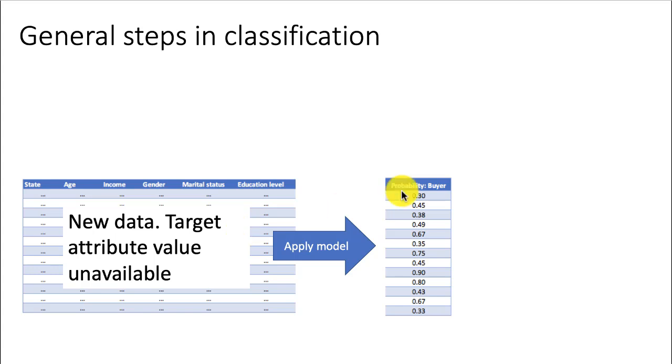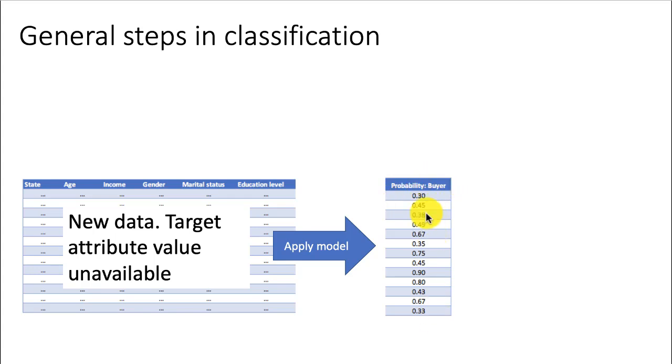Till now when we applied the model, we said buyer, non-buyer, fraudulent, genuine, etc. But in reality, the way classification models work is you apply the model and they generate the probability first. So for example, in this case, we might talk about, given all of these attributes, what is the probability that somebody is a buyer?